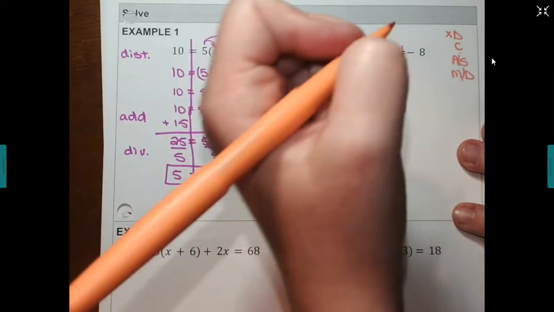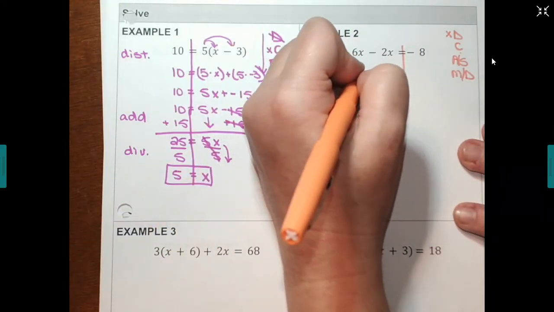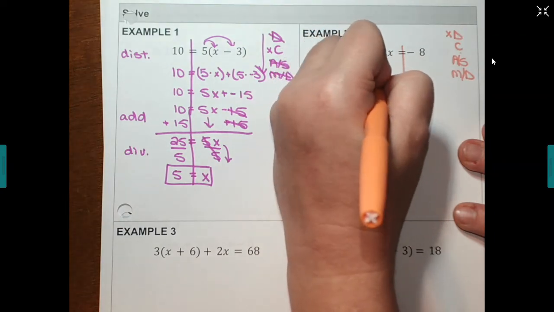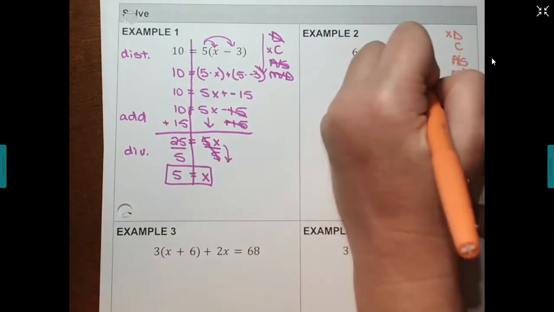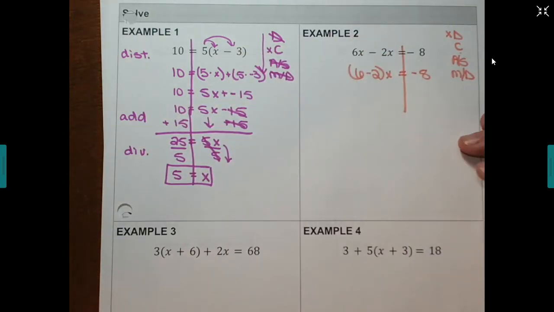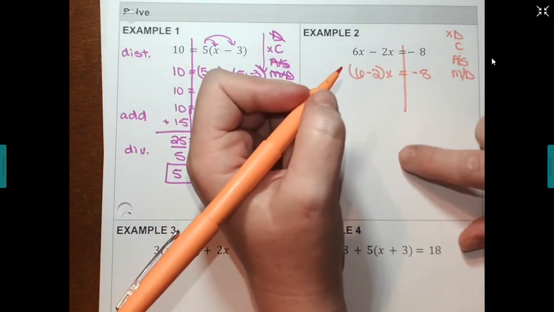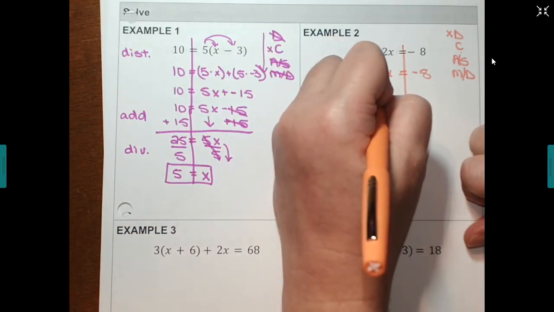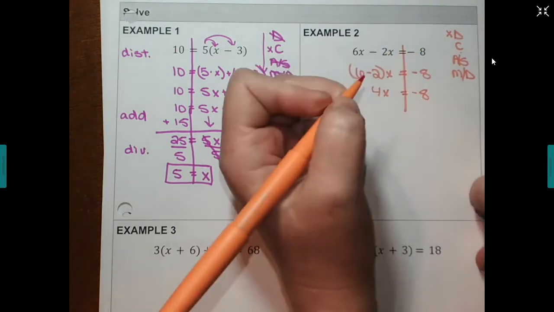So let's do that. So combining like terms, we add the coefficients, which is the numbers. So we have 6 minus 2x equals -8. Six minus 2, great moment for Desmos or for a little finger math. 6 minus 2 is 4x equals -8.